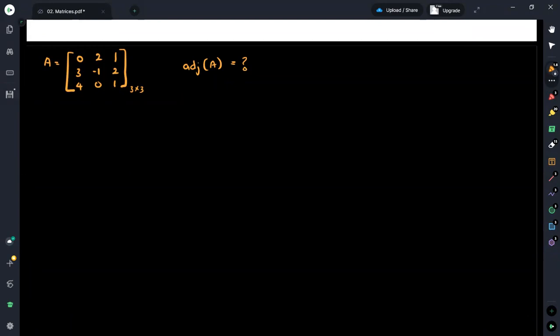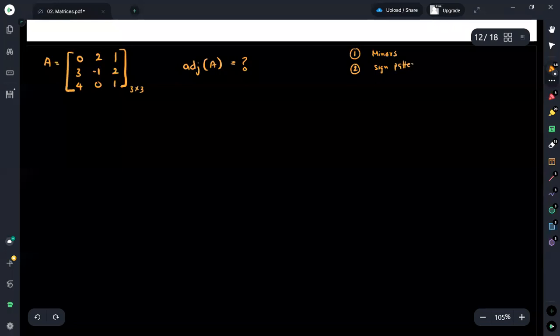To obtain the adjoint matrix, we need to follow this procedure. First we need to obtain the minors, and then we need to identify the sign pattern. Then combining the minors with the sign pattern, we can obtain the cofactors.